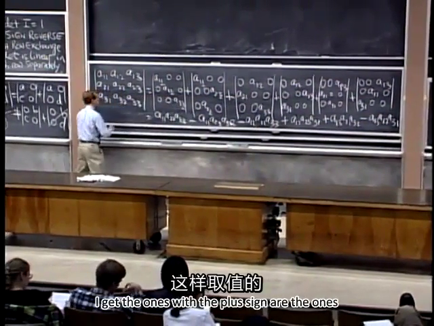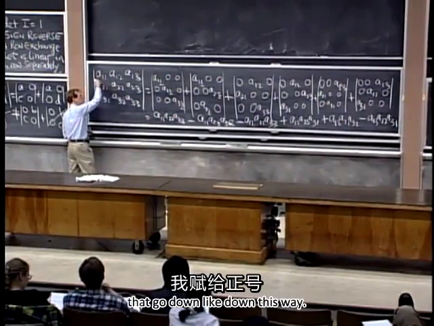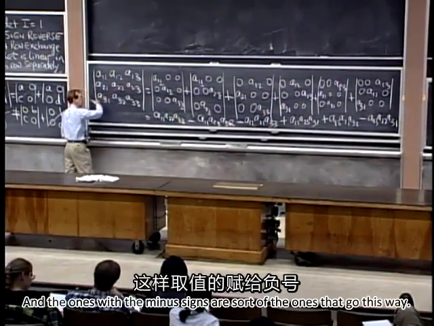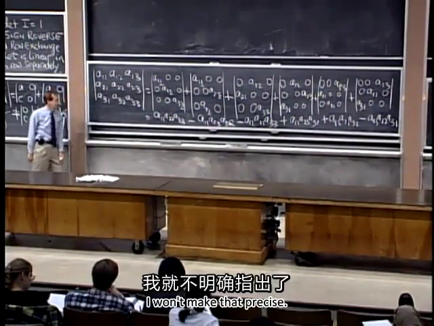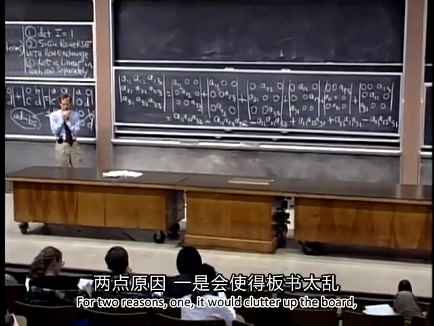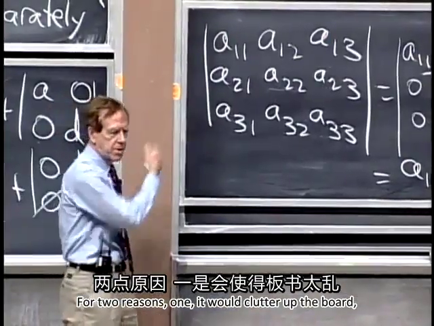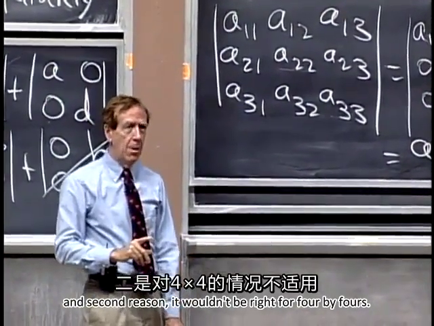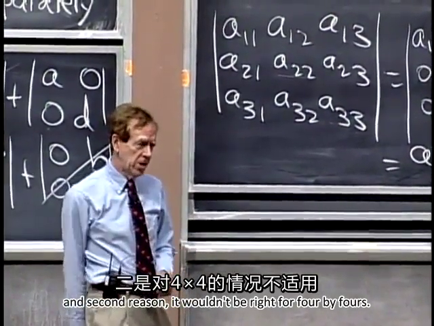I get the ones with the plus sign are the ones that go down, like down this way, and the ones with the minus signs are sort of the ones that go this way. I won't make that precise. For two reasons. One, it would clutter up the board, and second reason, it wouldn't be right for 4x4s.